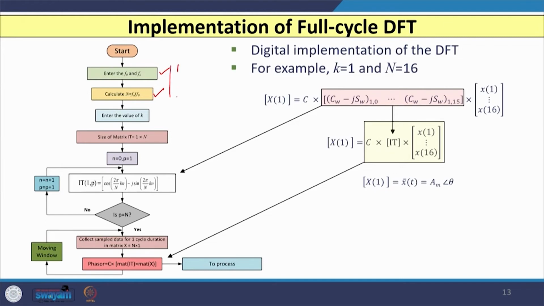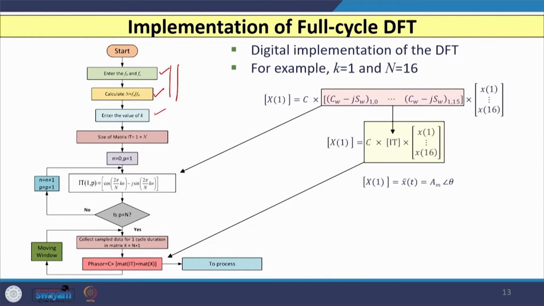Once you have this, you have to enter the value of k, that is the harmonic number. So, let us say you enter k as 0, that means you want to estimate the phasor of the DC term, or if you enter k as 3, then you want to estimate the phasor of the third harmonic.